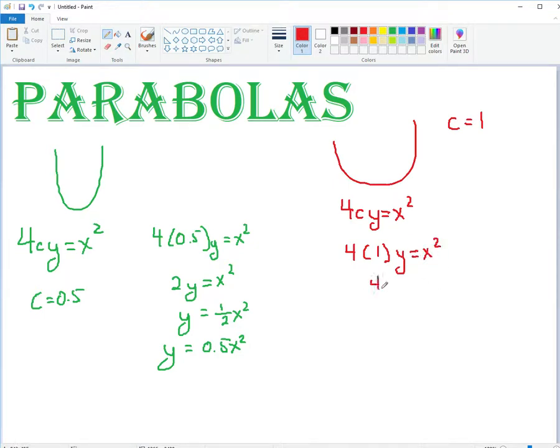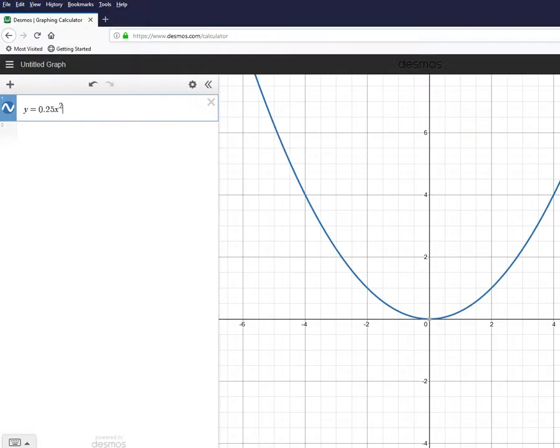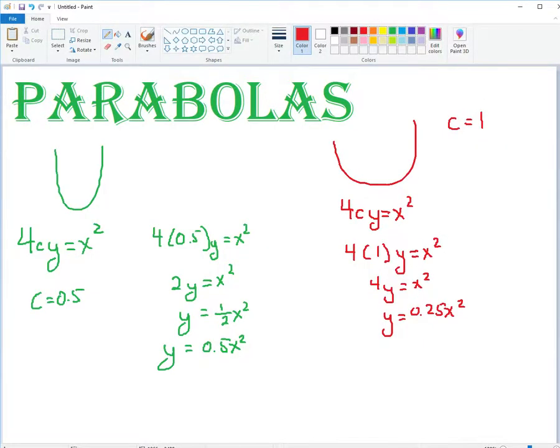So that's 4y equals x squared. And I divide that 4 over, y is equal to 0.25x squared, which just so happens to be what we typed in Desmos, 0.25x squared. Okay, so all we're doing is trying to prove that this will give us the equation of a parabola.